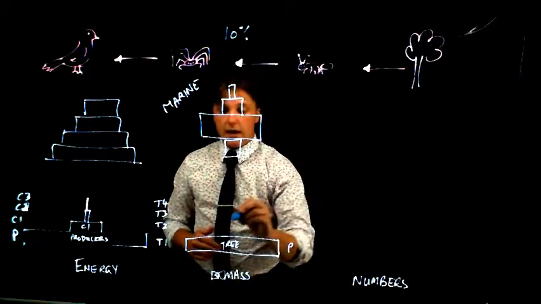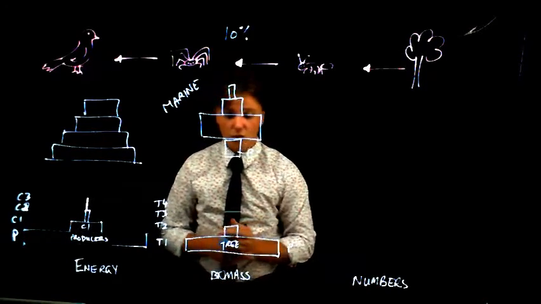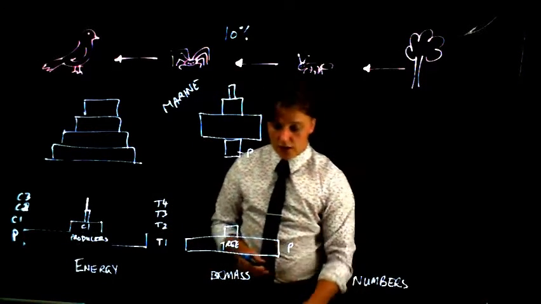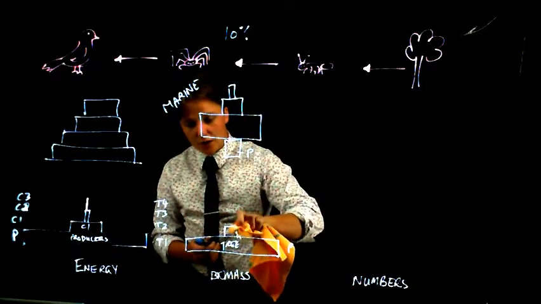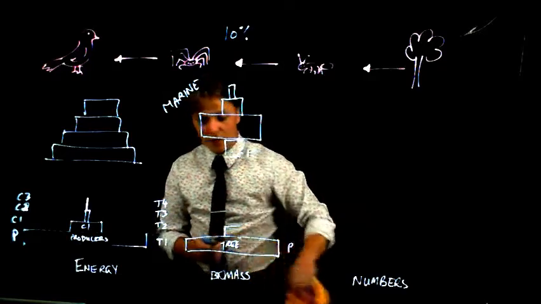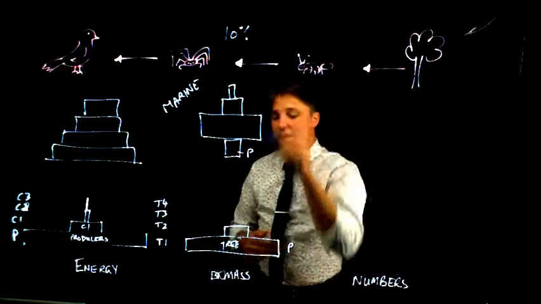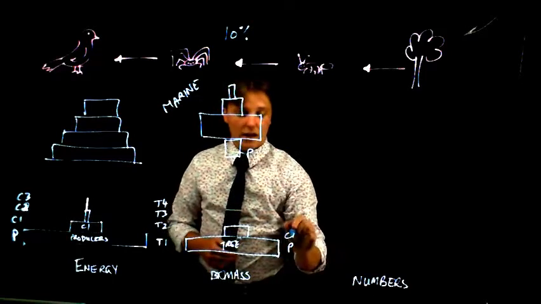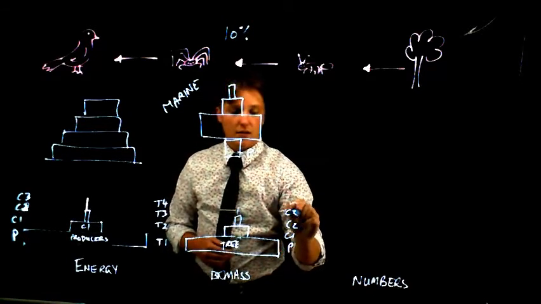So my ants, again, biomass is pretty much the same rule as energy, because we can't really transfer that much biomass without also transferring energy. So our biomass is going to stick again to this 10% rule, and so on, C2 and C3.